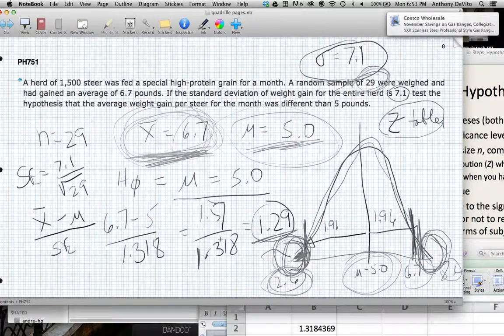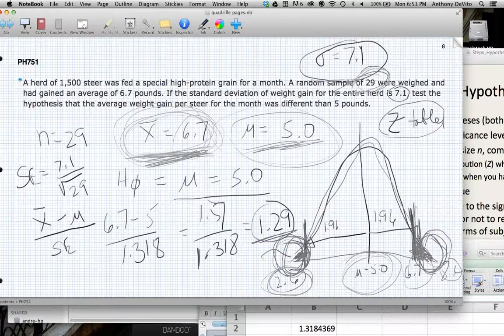How often would I take a sample and get a mean as high as 6.7? Well, I would get it whatever this area is. That's how often I would get a value that high or higher. Okay, so what is that area? Anybody want to go to the Z table and tell me?